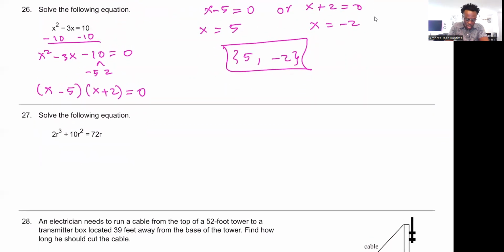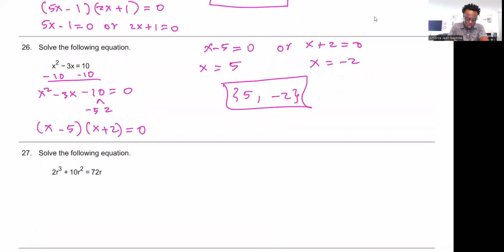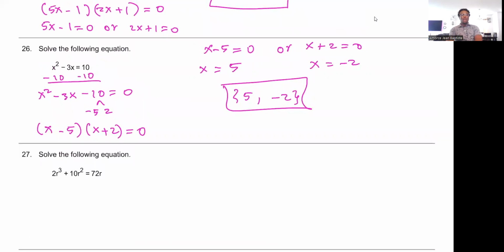Over here, though, we want to solve this by zeroing out first, subtracting 72r, and then we get 2r cubed plus 10r squared minus 72r equals 0.